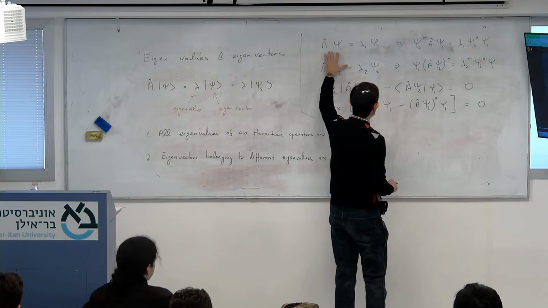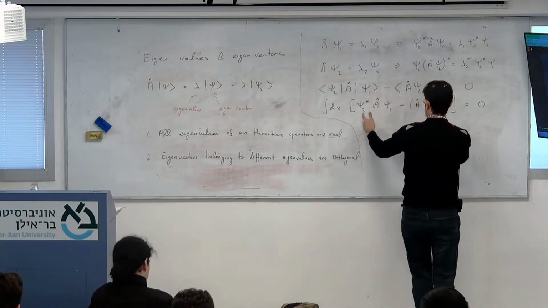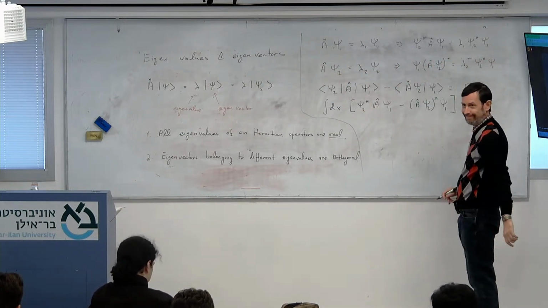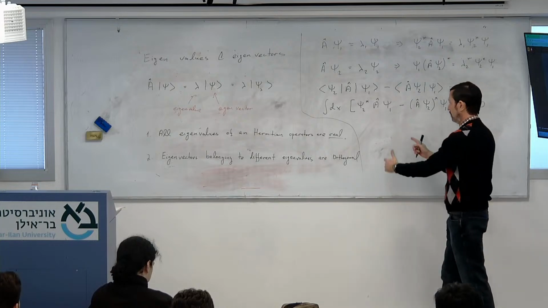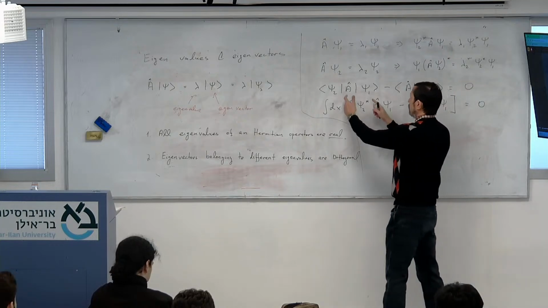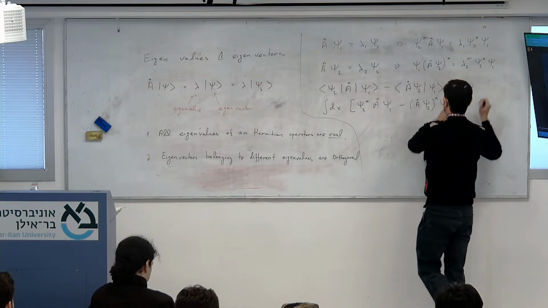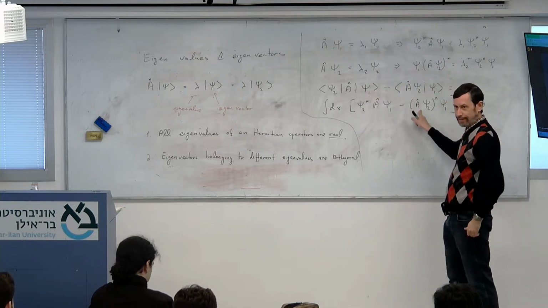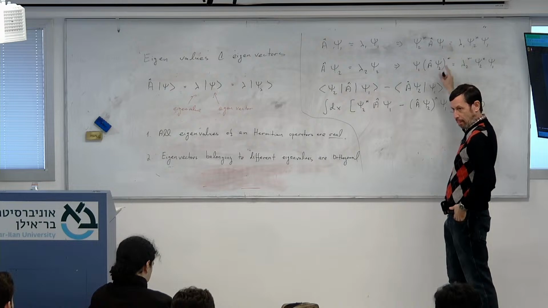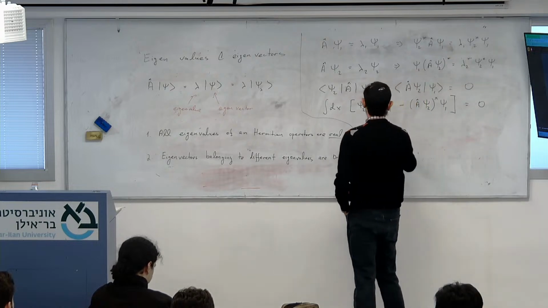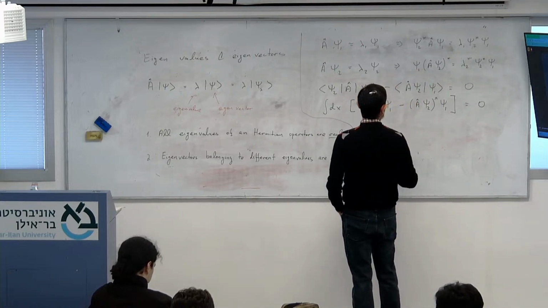Now I look at what's written here. This guy is this guy. This guy is this guy. And this is this. So what do we have here?